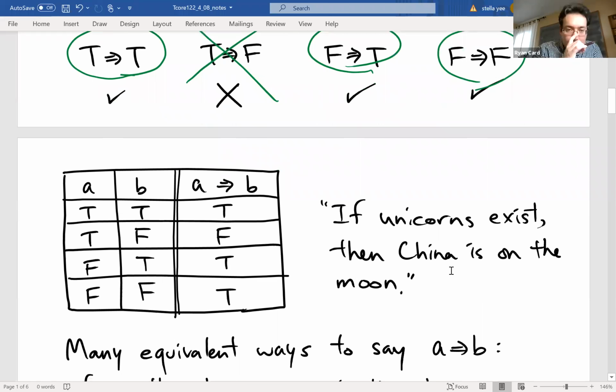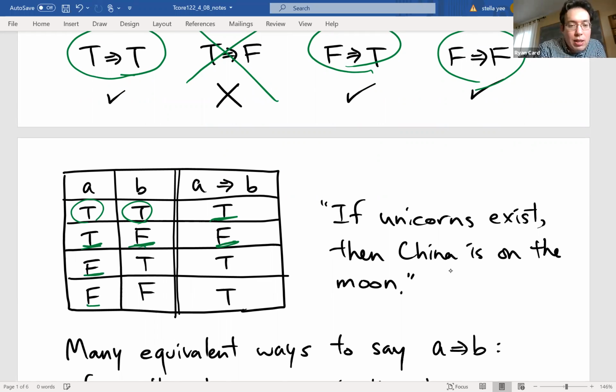Here's a truth table of this implication. So true and true is okay. That's true. The only way it's false is when the true statement points towards a false statement.